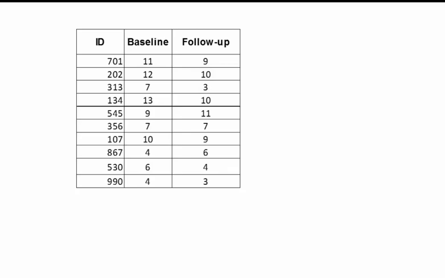What we could do is examine the sample means for each group. So we could calculate the sample mean for the baseline scores for each participant. If we were to calculate the sample mean at baseline, we would see that it's equal to 8.30.